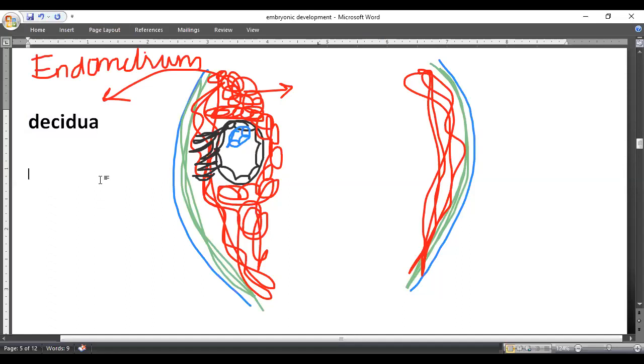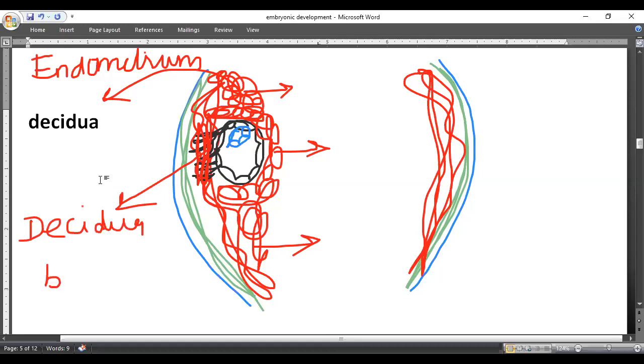Then we got some names yesterday, isn't it? Decidua here, and decidua here. So what is this? Decidua basalis.